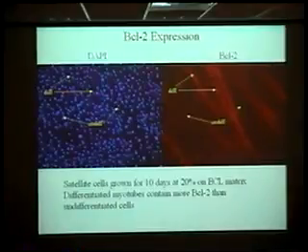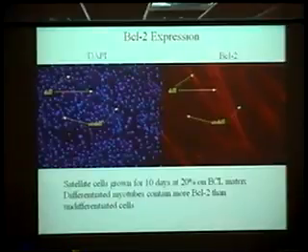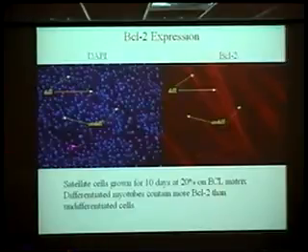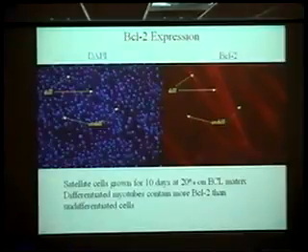And to make a very long story short, one of the major protectors that you have in your cells to protect you against this kind of programmed cell death is called BCL2. And in our muscle preparations, we find that there's very little to protect stem cells, very little BCL2 around. As they differentiate, they seem to accumulate more BCL2.